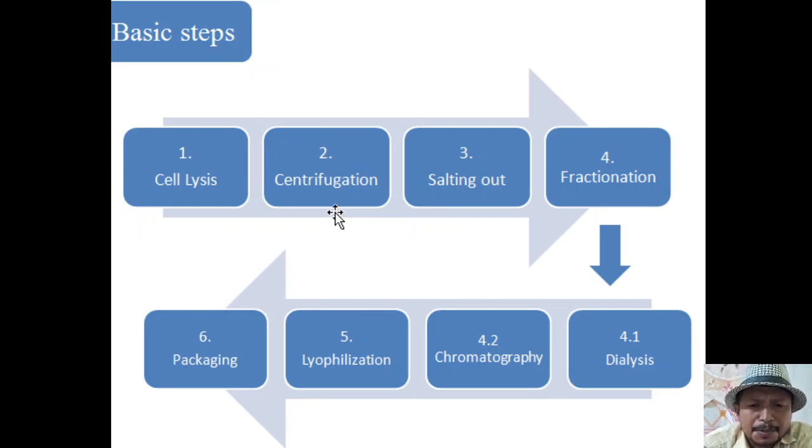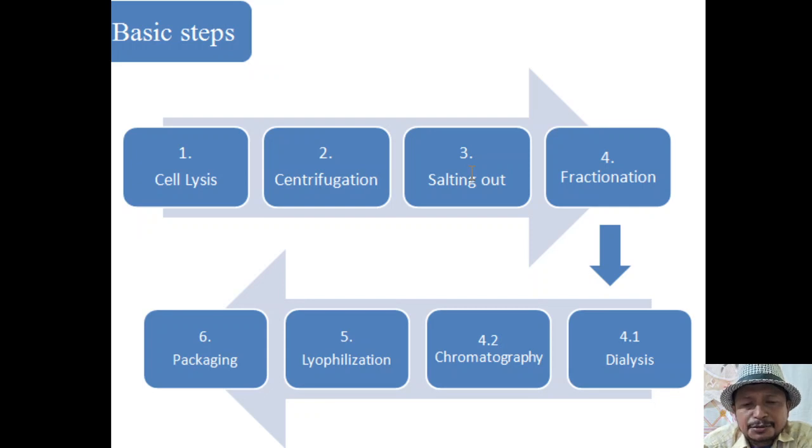After that, we perform the salting out step. Basically, the enzyme of our interest, including the other proteins and enzymes, is present in the soluble form. In the salting out process, we use a particular kind of salt which decreases the solubility of our enzyme of interest.